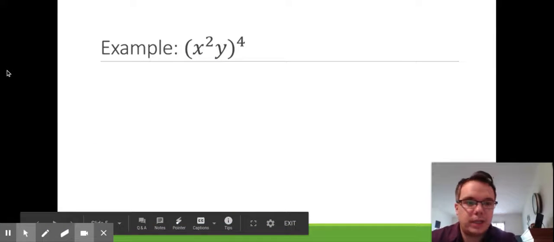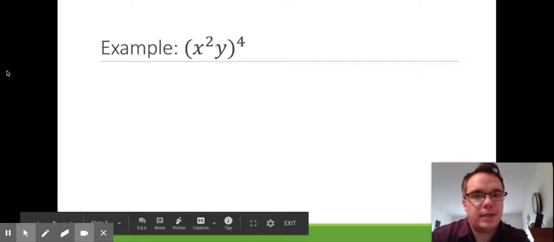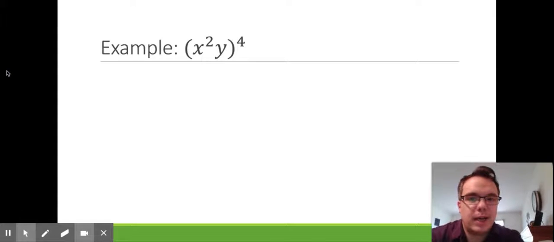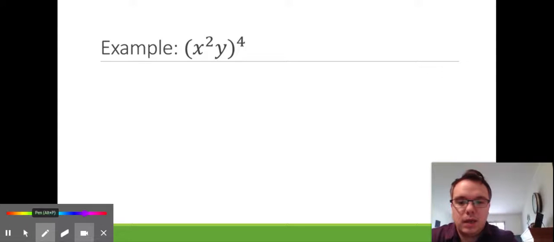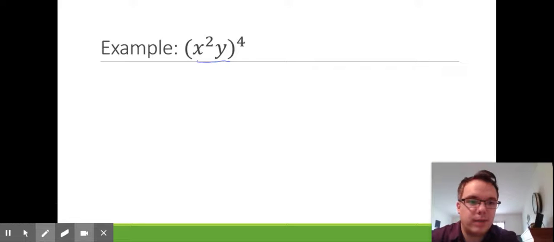All right, our third example, we're going to add another base in. So we have x squared times y to the 4th power. So if our problem starts with 2 different bases, there's no way to combine them. So our answer is going to have 2 different bases. So just like last time, I'm going to write what's in my parentheses multiplied by itself this number of times.